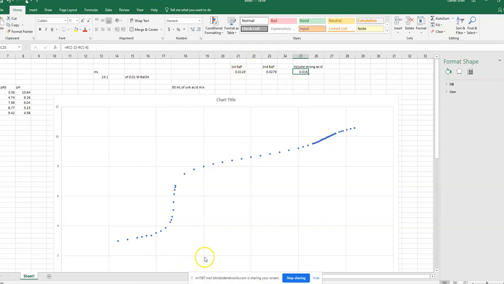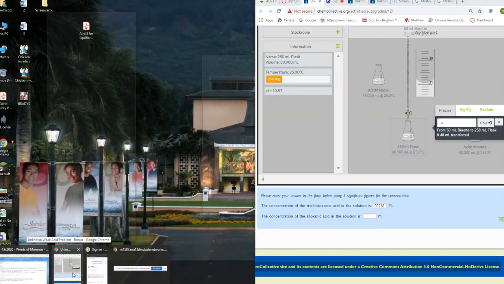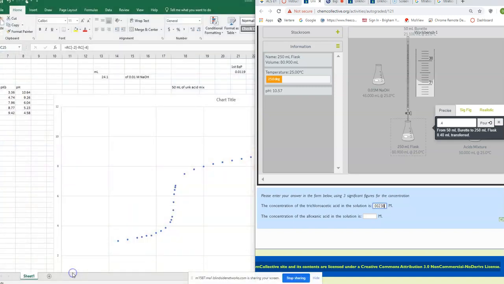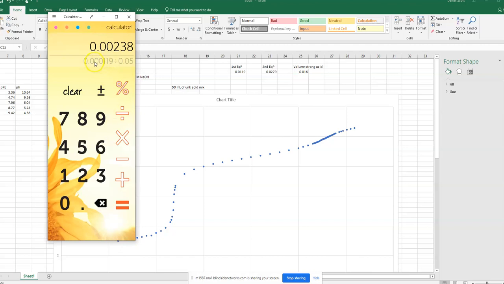We did the calculations for that already, right? Yes. And we put in 0.00238. Let me double check that one. So would that one not be 0.00019?